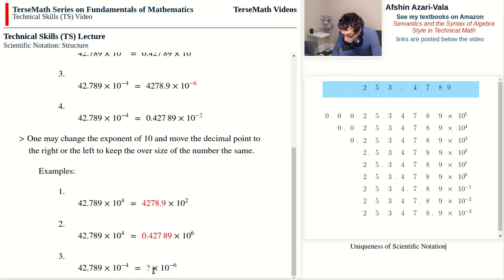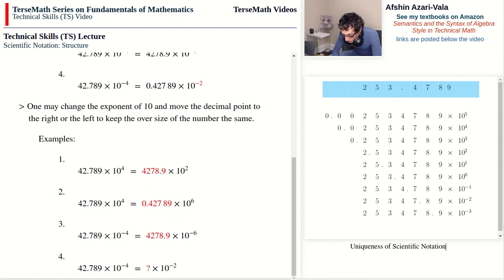From negative 4 to negative 6, the exponent went down by 2. The decimal point moves forward over 2 digits. And I believe the last example, here the exponent goes up by 2, from negative 4 to negative 2. And because the exponent goes up, the decimal point moves back over 2 digits. And we get 0.42789.